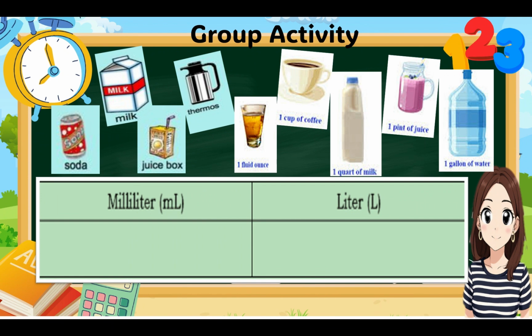And if it's liter that we should use, you have to paste the picture of that object on the liter column. And then, you have to collaborate and determine the commonalities and differences among those pictures, and then tell us why you pasted those pictures in milliliter column, liter column.